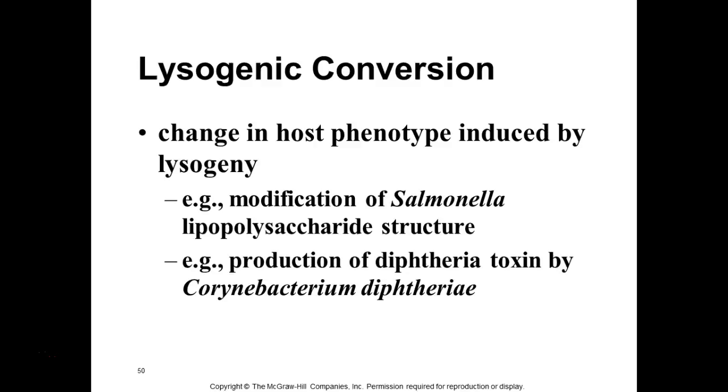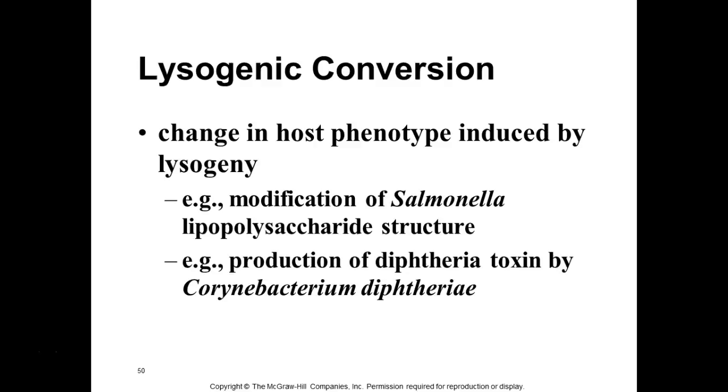Diphtheria. The reason why we fear Corynebacterium diphtheriae is that long ago, this bacteria got infected by a temperate phage and began this lysogenic relationship where you have this prophage. The bad news is that viral DNA encodes for the toxin that this bacteria produces.